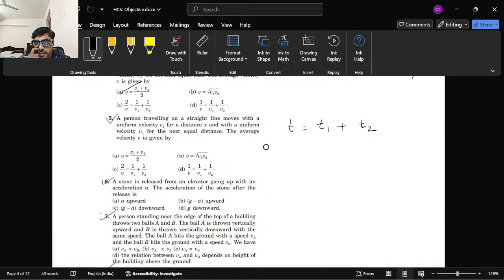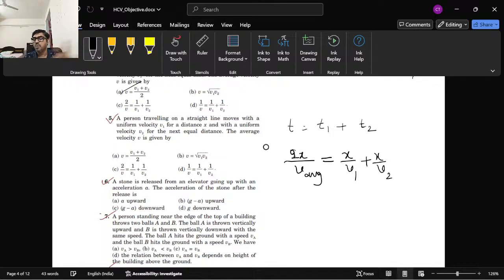Total time can be written as total distance by V average. Let's say 2x is the total distance covered. They said equal distances, no? First journey x distance, second journey x distance. Total distance is 2x. So 2x by V average will be equal to x by v1 plus x by v2.